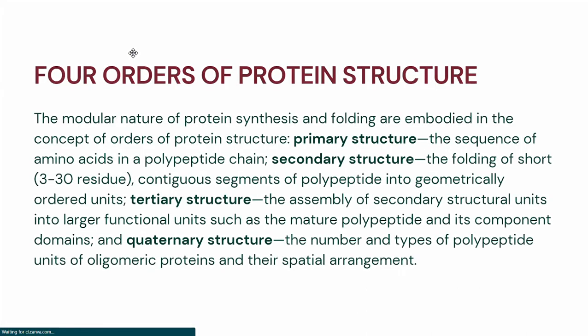So we have four orders: primary, secondary, tertiary, and quaternary. Primary is the sequence of amino acids. Secondary is the folding of short, contiguous segments of polypeptide into geometrical order. And you can identify two structures there, alpha helix and a beta pleated sheet.